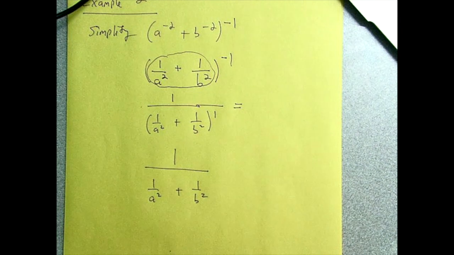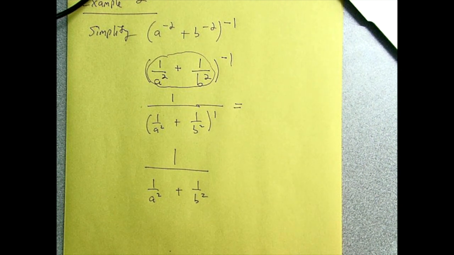All right, now this expression no longer involves negative exponents, which is good. However, it's what is called a complex fraction. We've got fractions within fractions, and that's bad news. We have to convert this into a simple fraction, that is a single fraction with 1 numerator and 1 denominator.